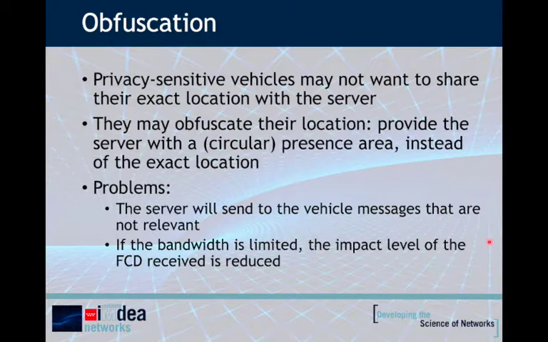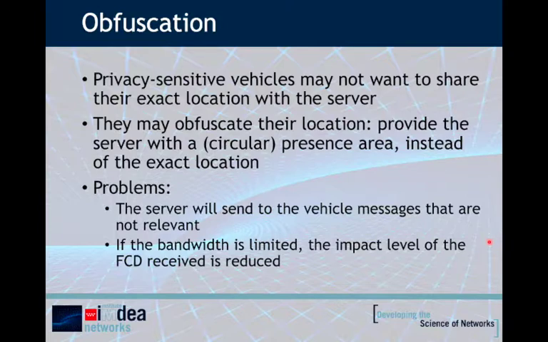Vehicles, or people in general, are becoming more privacy aware, privacy sensitive. So what may happen is that vehicles may not trust or may not fully trust the server, and they may not want to share their exact location with the server. In order to do that, one technique that is very often used is obfuscation.